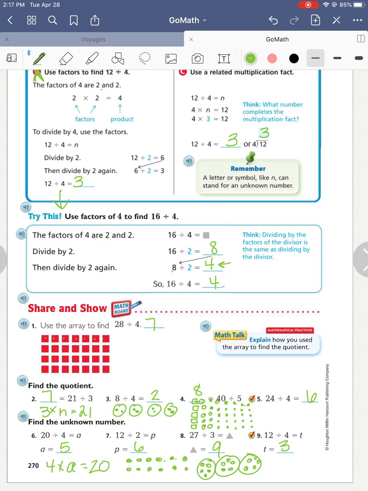I'm going to run out of room. 14, 15, 16, 17, 18, 19, 20, 21, 22, 23, 24, 25, 26, 27. So there's 1, 2, 3, 4, 5, 6, 7, 8, 9 circles in my bigger circle. So 27 divided by 3 is 9.